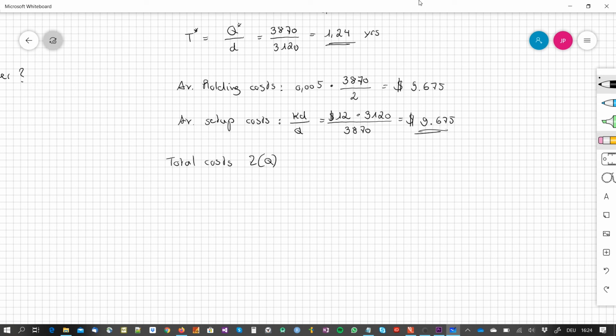That is zeta of Q, and this was D multiplied by C. This is 3,120 multiplied by the 2 cents. This together is 62.4, and then the average inventory holding cost and the average setup costs, which are the same.